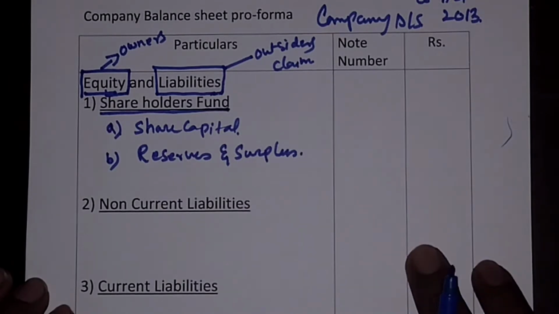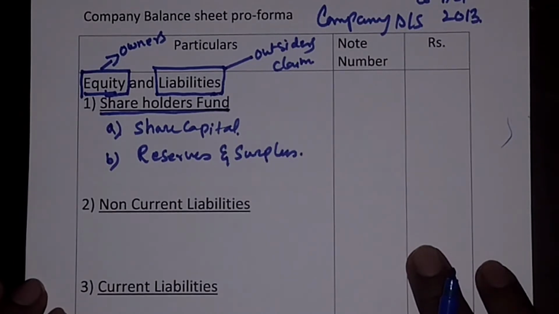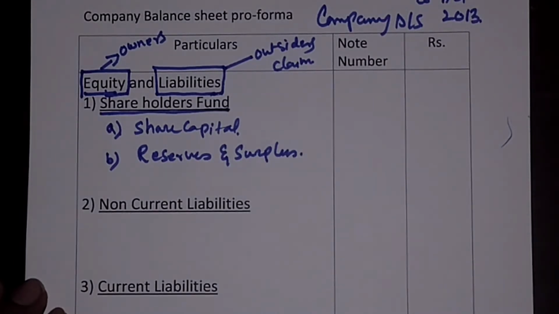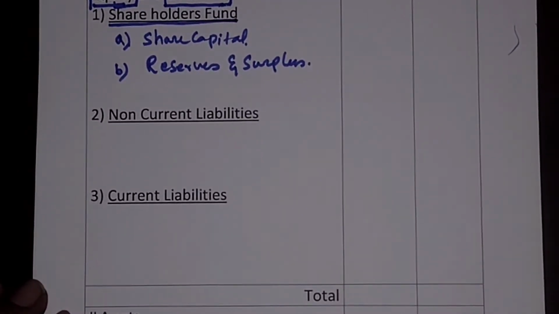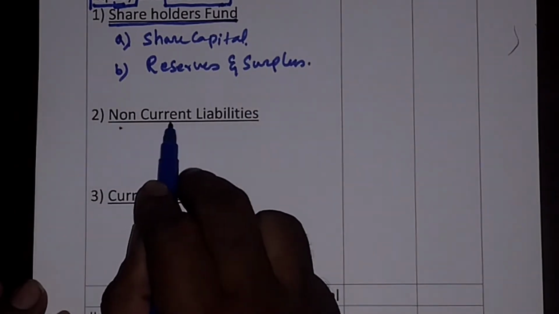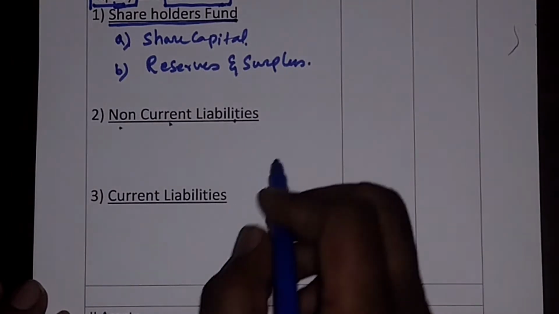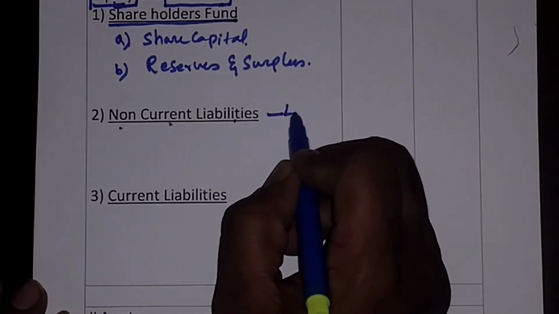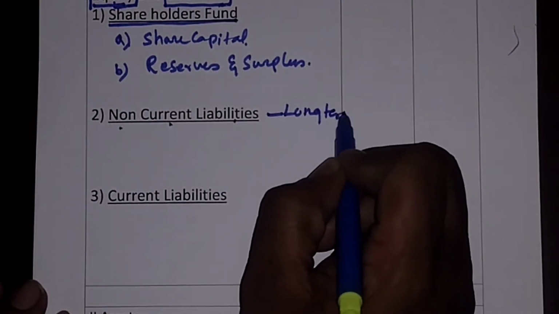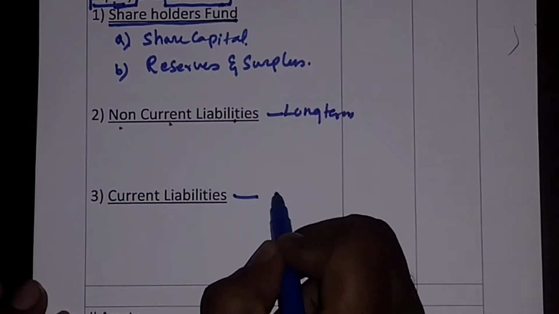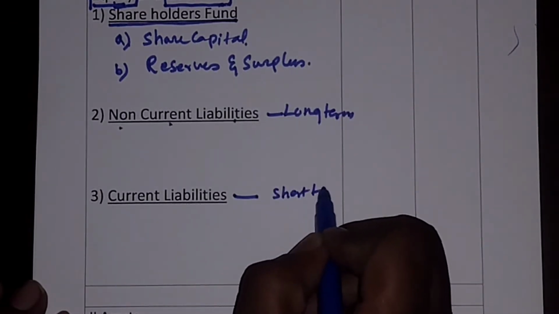Even some other entries are there which I am avoiding, because in problems they are not given. They are very rare cases, so I am giving only the recurring entries, which are asked frequently. The next one is the non-current liabilities. Non-current means long term, and current liabilities means short term.